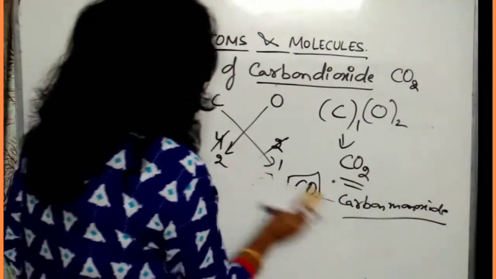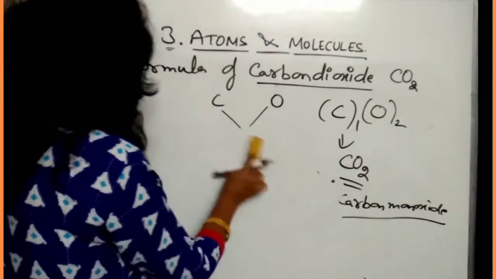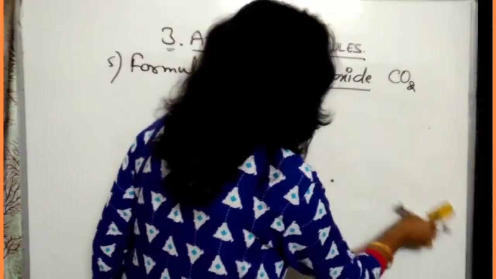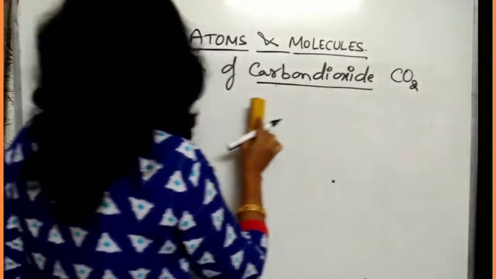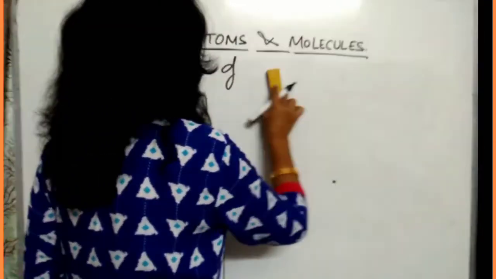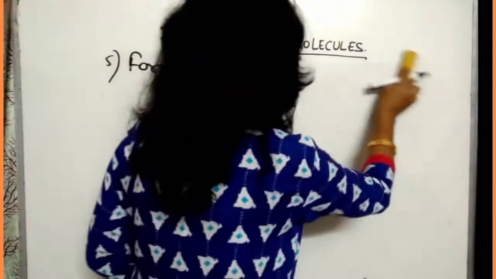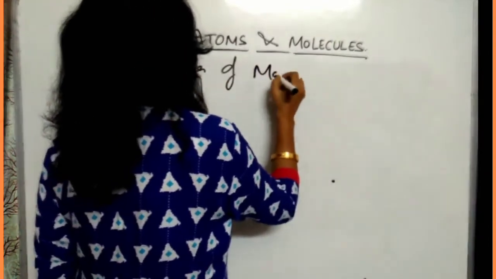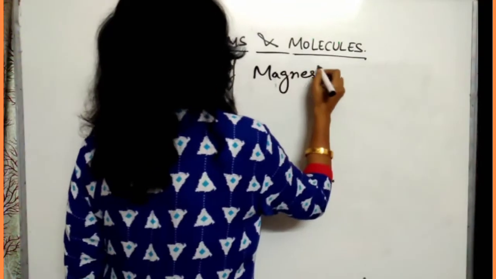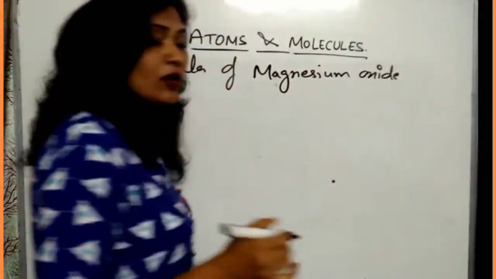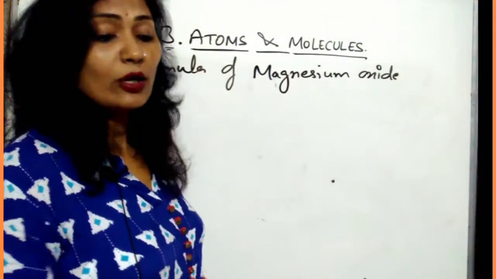Now let us write another formula, like calcium oxide and the formula of magnesium oxide. If O is there then it will be oxide.